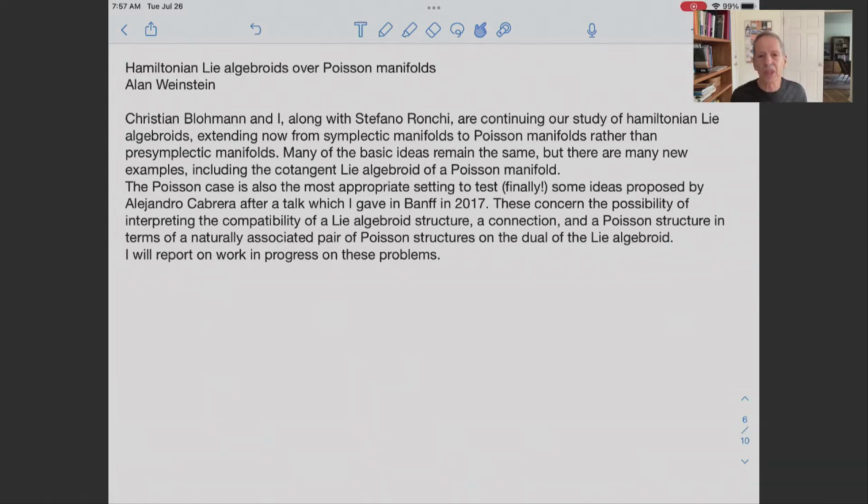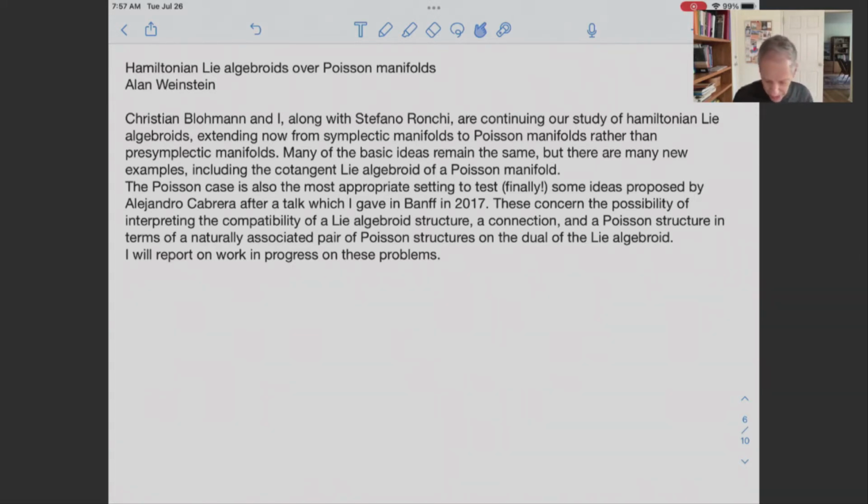And I'm going to talk about this development, and then Christian and I came in and joined the project, and we're now writing a paper on Hamiltonian Lie algebroids over Poisson manifolds. This is still very much work in progress.